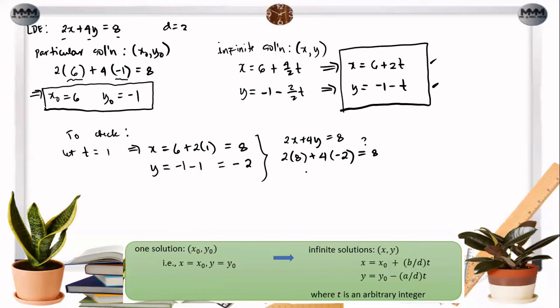Here, 2 times 8 is 16, minus, 4 times negative 2 is negative 8, that's why we have here minus 8. So 16 minus 8, is it equal to 8? Of course, 8 is equal to 8. So again, you can let any integer t to check your work.